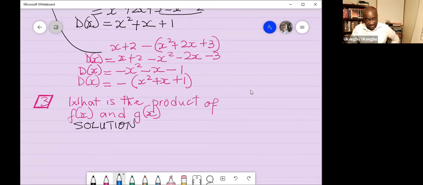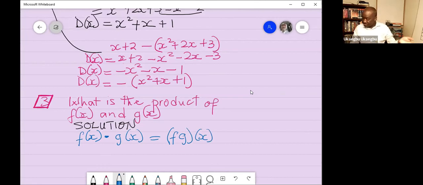So you write your first function. The general way you can write it would be f of x dot g of x, or you can write it as fg dot x.